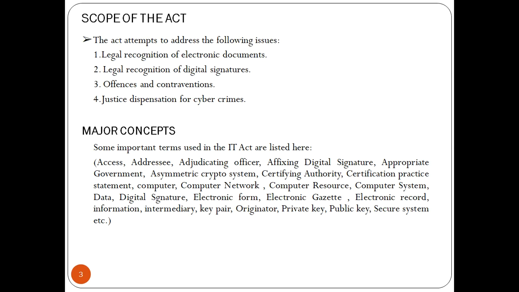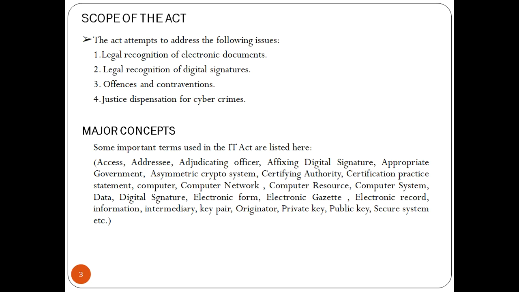Now let us discuss its scope, the scope of the IT Act. The Act attempts to address the following issues. First one, legal recognition of electronic documents. Second one, legal recognition of digital signatures. Third one, offenses and contraventions. Fourth one, justice dispensation systems for cybercrimes.